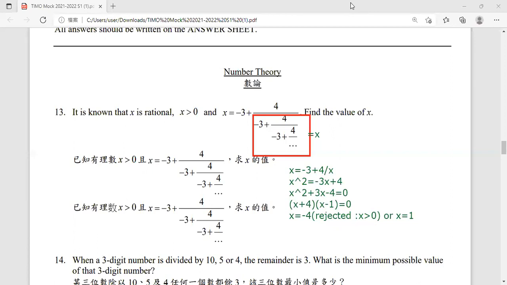Any questions? Rational, maybe some of us have a misunderstanding. Rational means that it can be written as P over Q, where P, Q are integers.